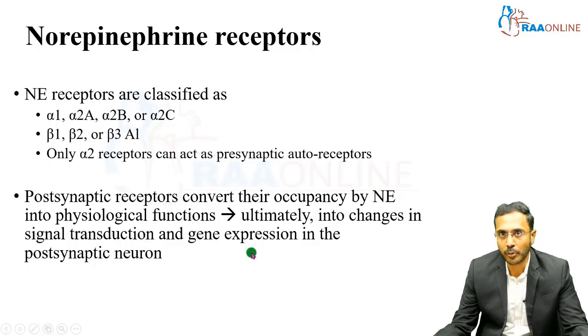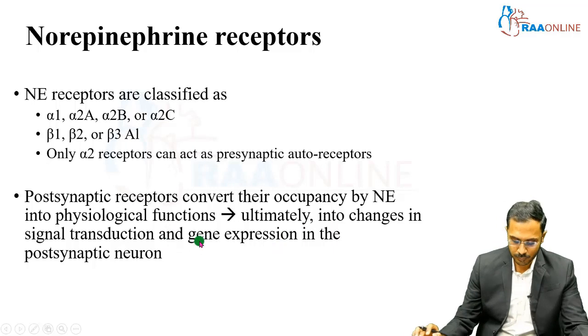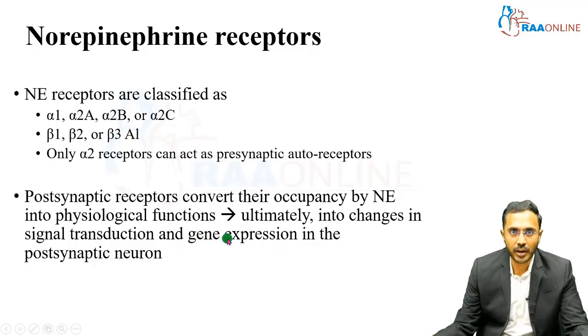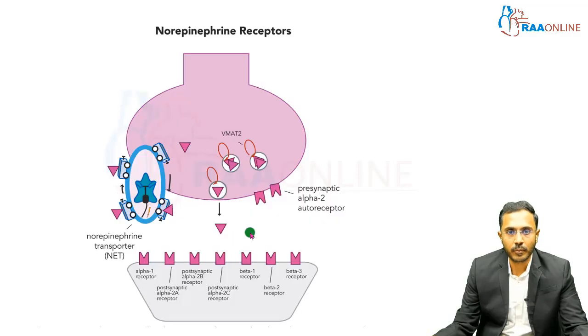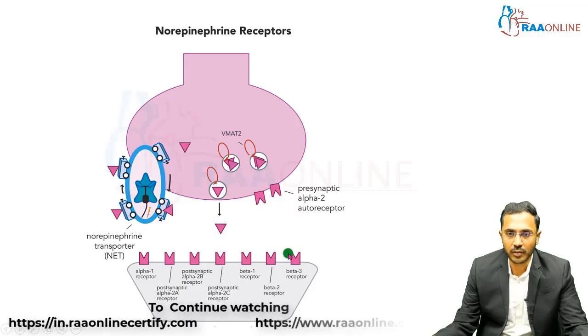For any monoamine neurotransmission, the final pathway is changing the gene expression. So this is how norepinephrine acts on the receptor and causes neurotransmission. Norepinephrine released into the synapse binds to one of these receptors, depending on the area of neurotransmission, and then causes further downstream cascade.